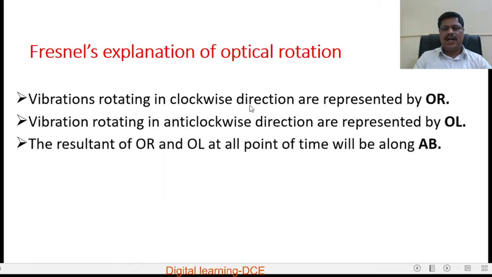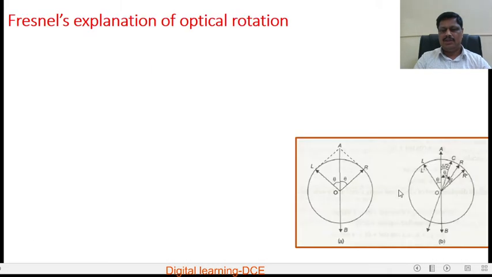Vibrations rotating in the clockwise direction are represented by OR, whereas vibrations rotating in the anti-clockwise direction are represented by OL. I will show the diagram in the next slide. The resultant of OR and OL at all points of time will be along AB. So this is the calcite crystal.